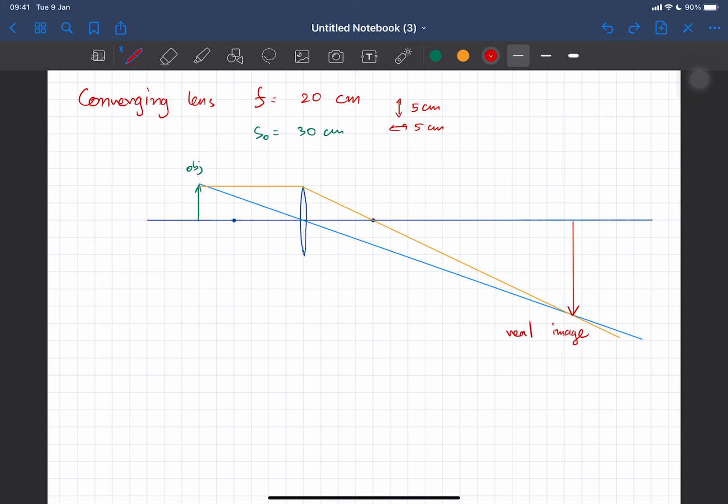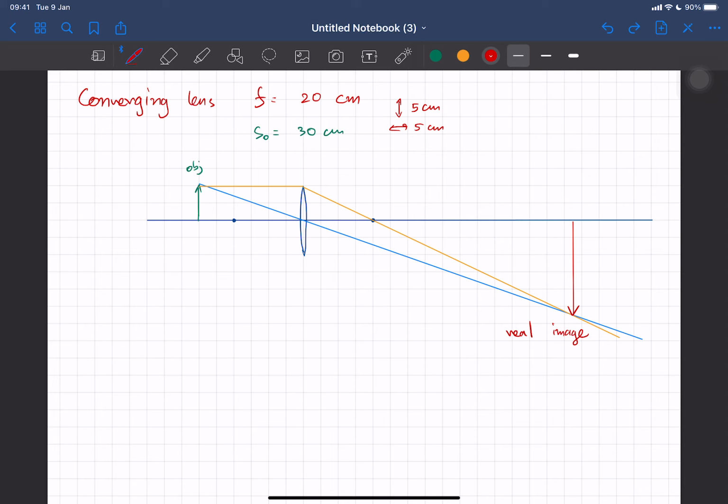We call this a real image. In a moment, we're going to see that there's also a different kind of image which is called the virtual image, where light does not really intersect and meet at one point, but our eyes get fooled into thinking that the image is formed somewhere.